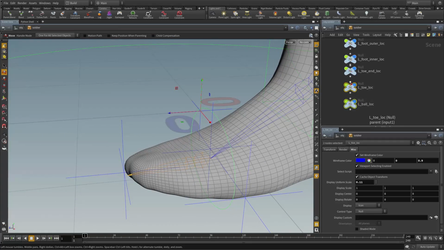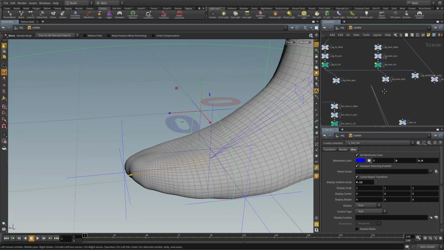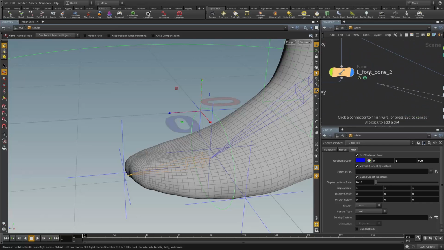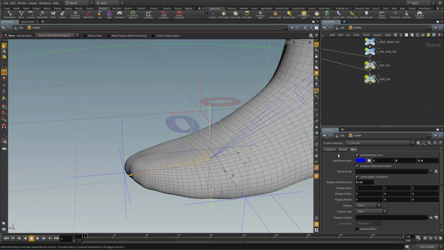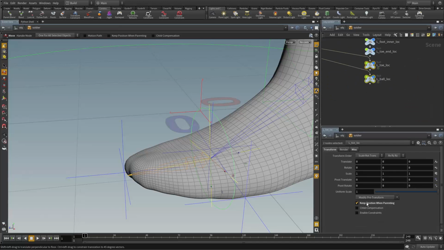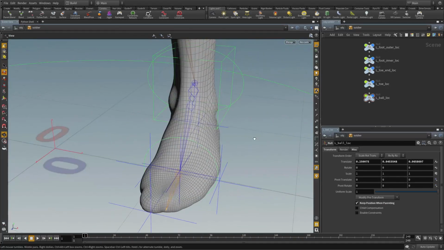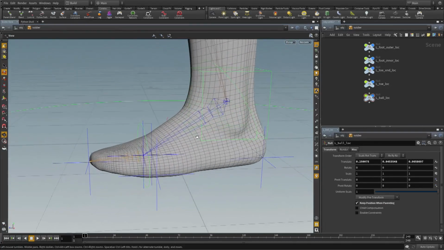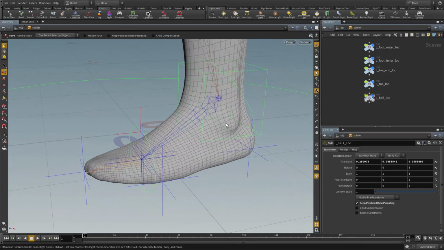So these two, I'm going to parent to left foot bone 2, and that will pop them right to that position. Now I can turn on keep position when parenting, cut that relationship, and I can extract their pre-transforms and I can get rid of their rotation. Great. So these will be the locations that we're going to rotate the foot from.